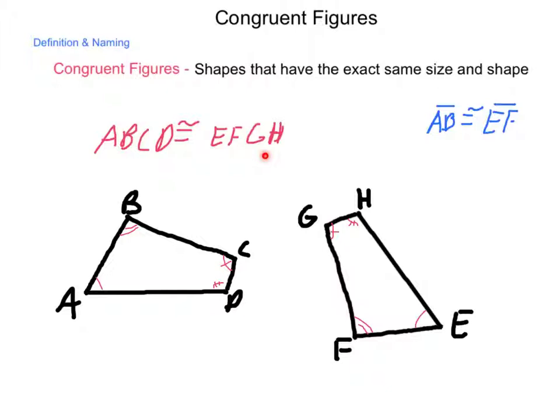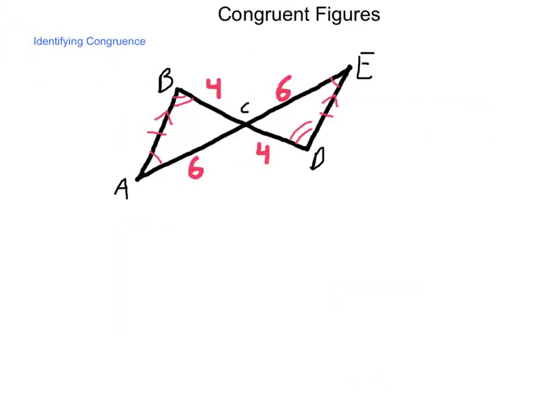So let's take a look at that. Here we're given a shape, and we need to determine if the triangles that are formed by it are congruent to one another. We can do this by listing out parts. We can say that line segment AB is congruent to line segment ED. And that's a given.